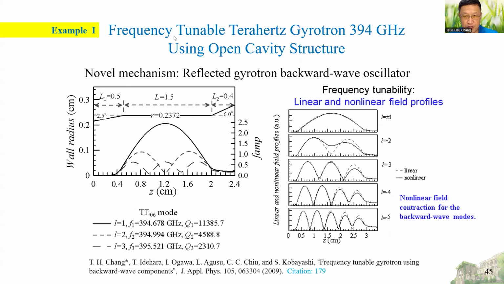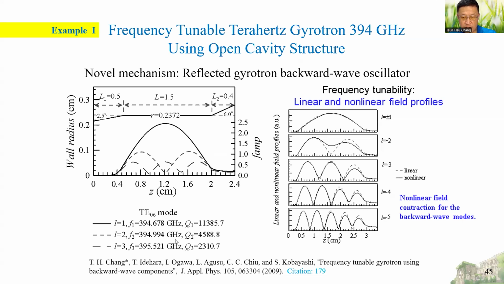The first example is a frequency tunable terahertz gyrotron at 394 gigahertz using an open cavity structure. Okay, this is the cavity. Two tapers: not a sharp cutoff, but a taper and another taper. So first axial mode, second axial mode, third axial mode, and we obtained them. The first axial mode resonance frequency is very high.